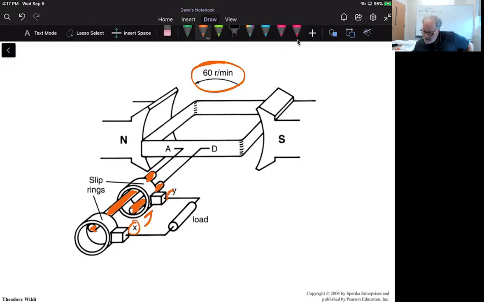What happens is the respective brushes, X and Y, as this thing rotates, change polarity. Now, if we could figure out a way such that these brushes never changed polarity and always stayed the same as this coil rotated through, then what we would have in that situation is a DC generator. And let's see how we can make that happen.